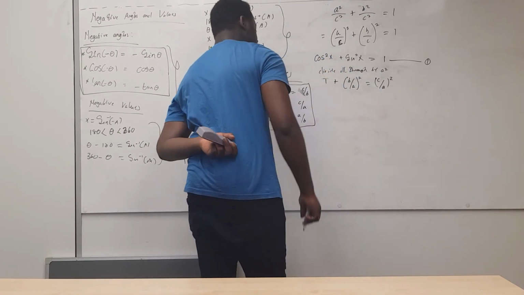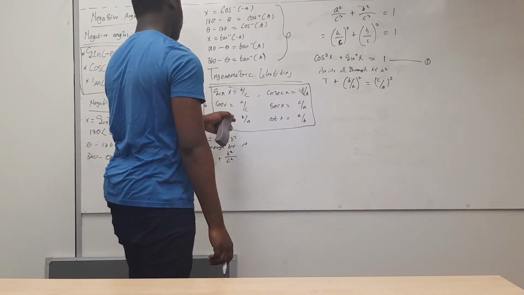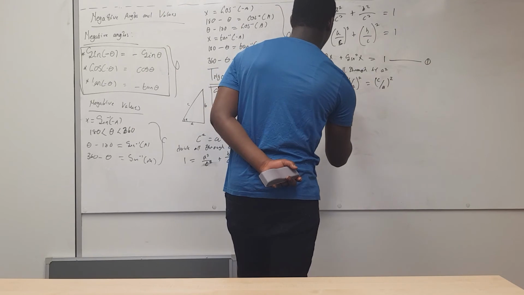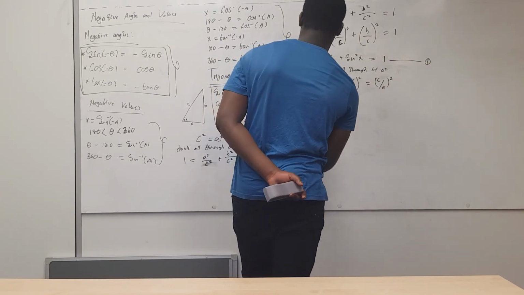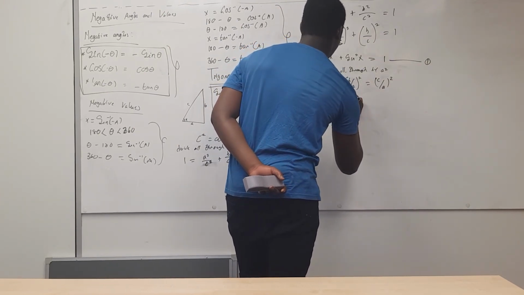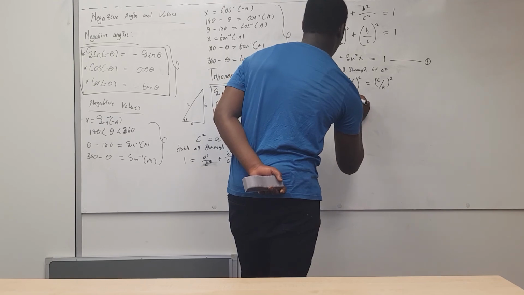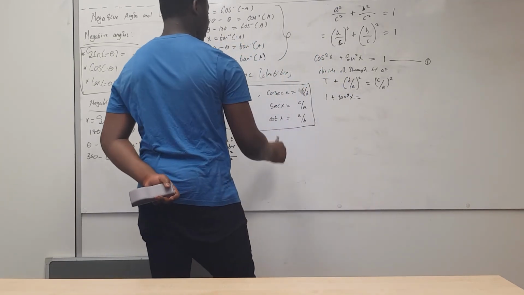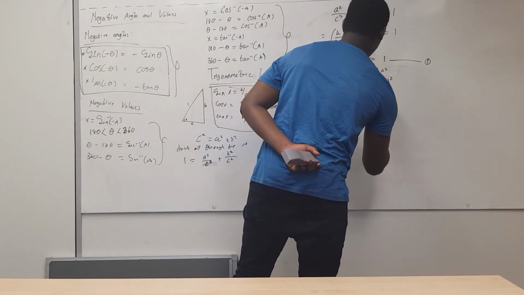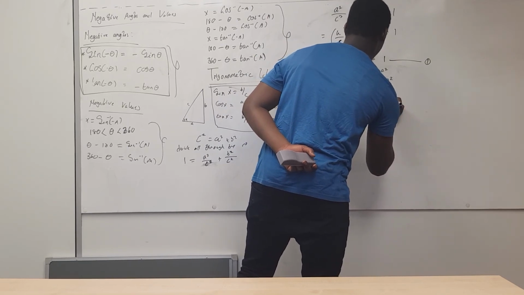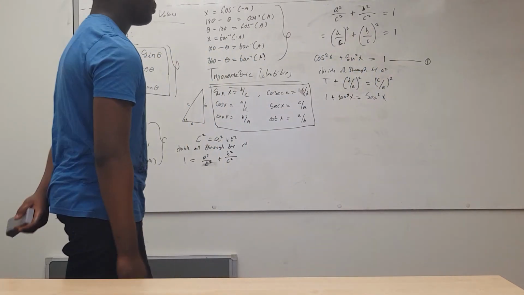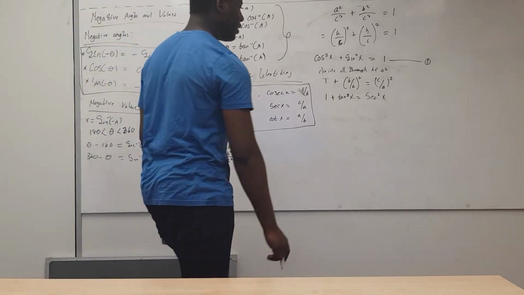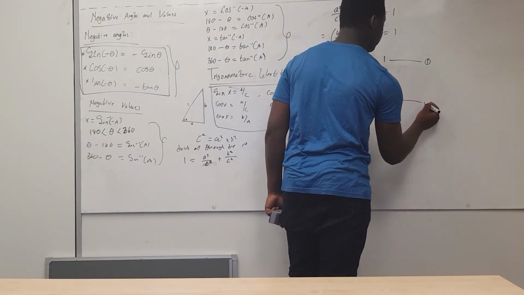So what's b divided by a? B divided by a is tan. So 1 plus tan squared x is equal to, what's c divided by a? That's sec squared x. Beautiful, isn't it? So that's the second identity.